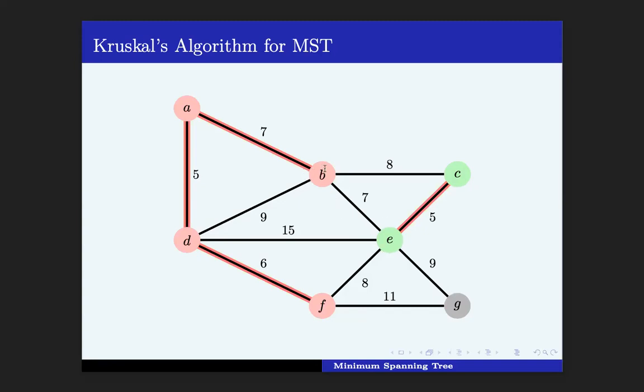S of B will become A, B, D, F union E, C, which is A, B, C, D, E, F. S of E will also become A, B, C, D, E, F, and so will S of A, S of D, S of F, S of C. All of them will be updated to A, B, C, D, E, F.